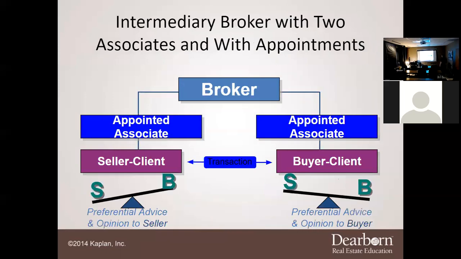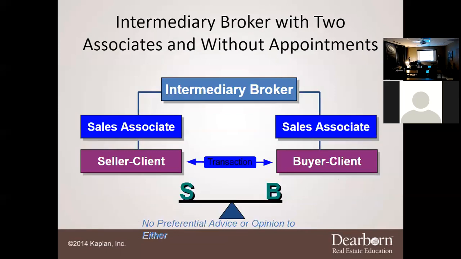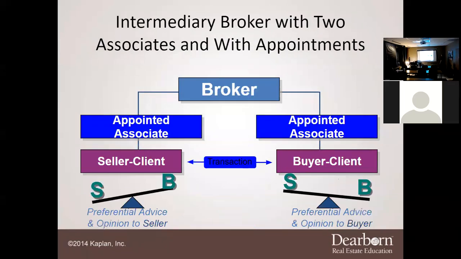Okay? Now look at this. So you come back here, you see this, now you jump over here. Now I have appointed an associate. I have appointed Miss Davenport to Stephen, and I have appointed Mr. Eugene to Travis. Now, Mr. Eugene, can you give Travis opinions? Oh, yeah.